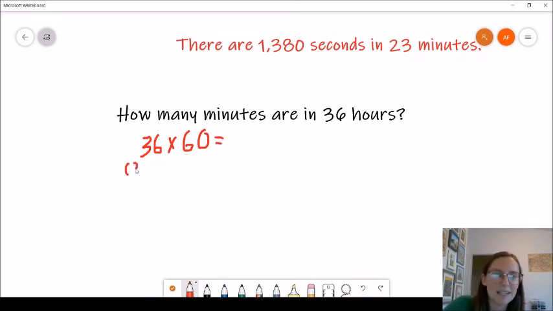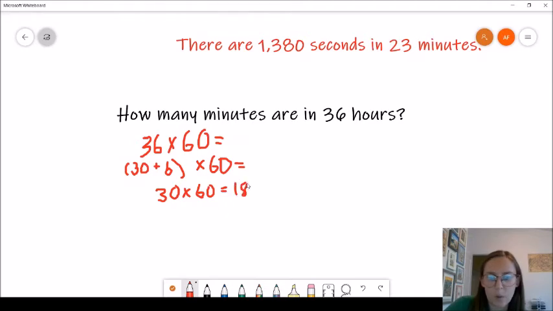So my 36, I can expand into 30 plus 6 and then multiply by 60. So 30 times 60, well, I know that 3 times 6 is 18. So 30 times 60 would be 1,800. And then 6 times 60, I know that 6 times 6 is 36.